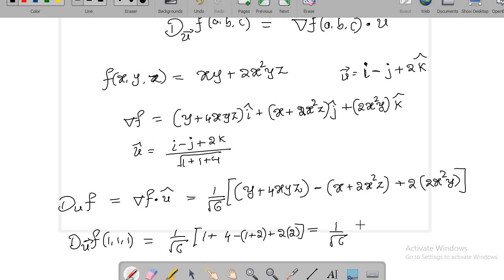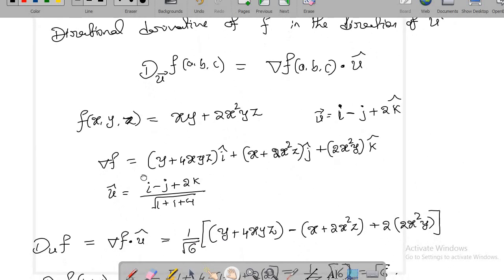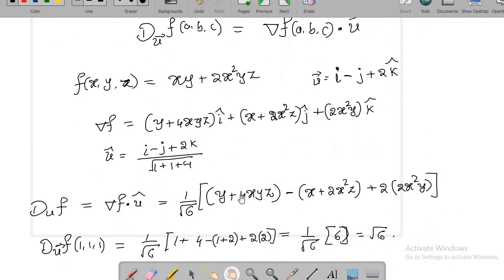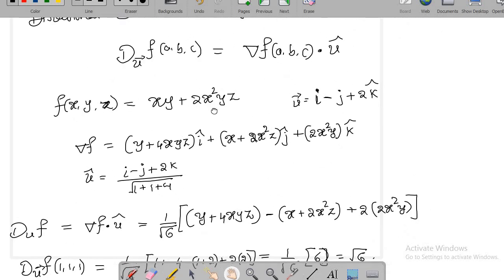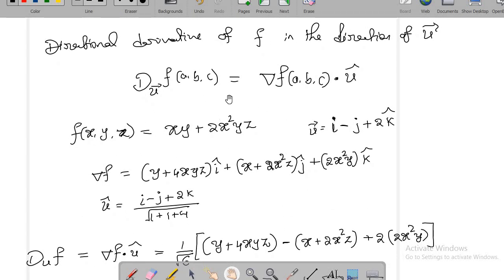When you simplify, 5 and 2 plus 4, this is 6. So 6 by root 6, which is root 6. So root 6 is the directional derivative of f at 1, 1, 1 in the direction of u. Okay, so this is how we find the directional derivative.